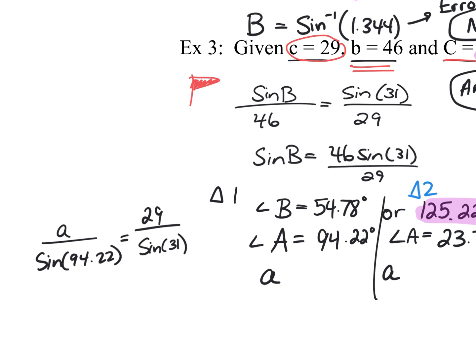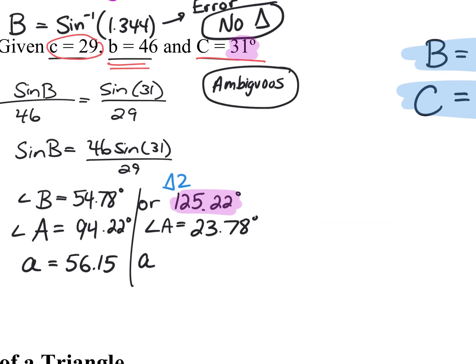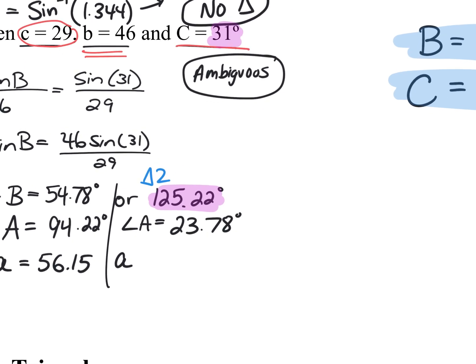And through some algebraic manipulation and my calculator, I find that side A equals 56.15. I'm going to do the same operation over here. I'll just use a different color with triangle 2.